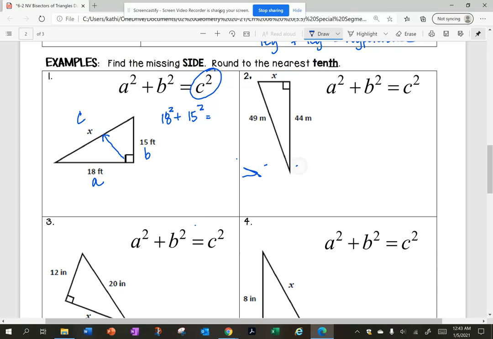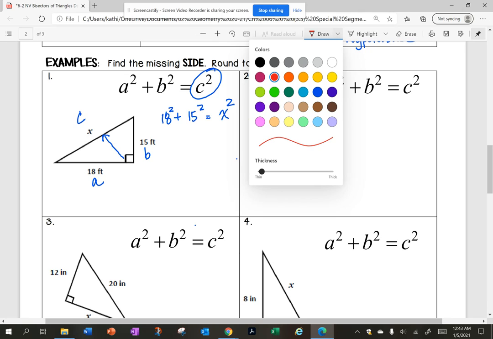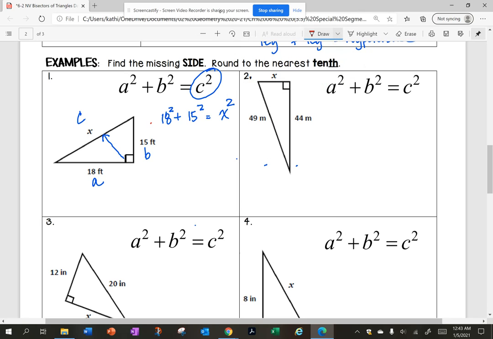And the hypotenuse is x squared. So I am trying to solve for x. So I know I want to take the square root of both sides. Whatever I do to one side, I have to do to the other side. So x, rounding to one digit, is going to be 23.4. So we're rounding to tenths, which is one digit here.